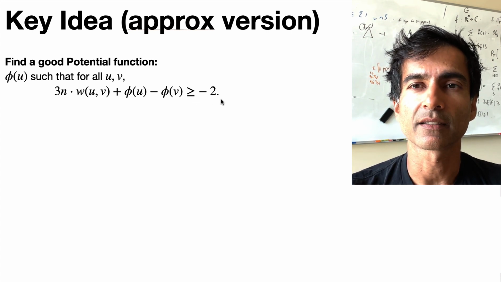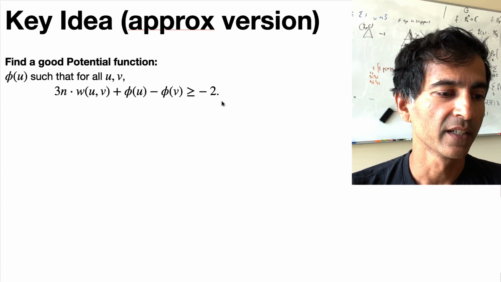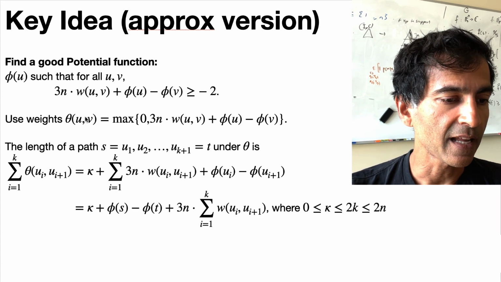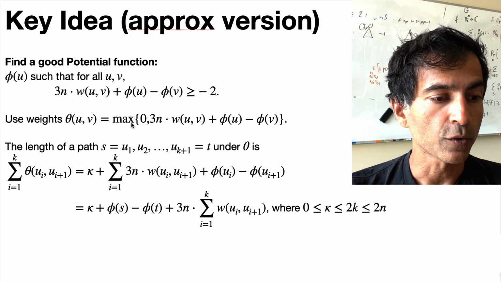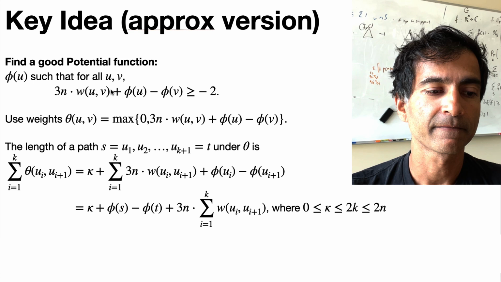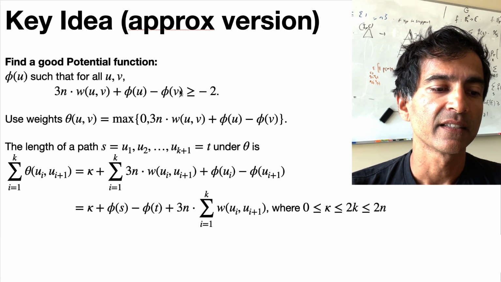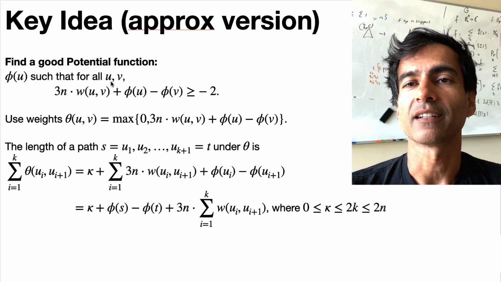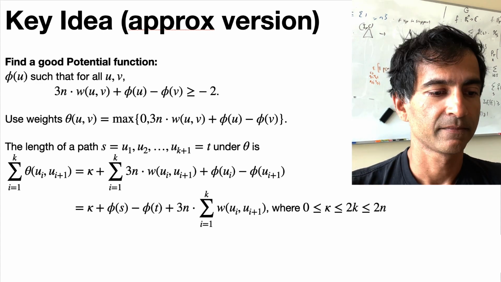That's a little bit of a weaker inequality than we were asking for before, but it's still good enough because we can now set theta of uv to be the maximum of 0 and the left-hand side here. In other words, if the left-hand side is negative, then just set it to 0.